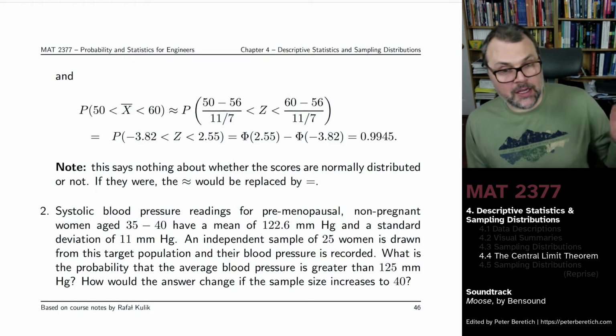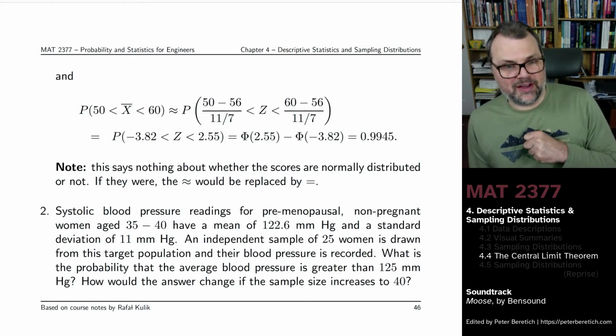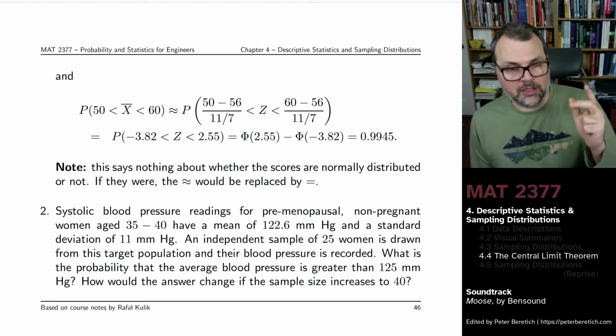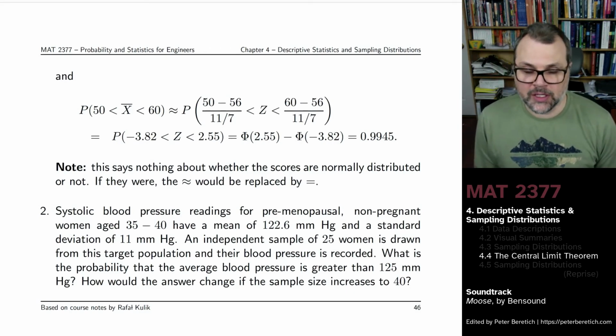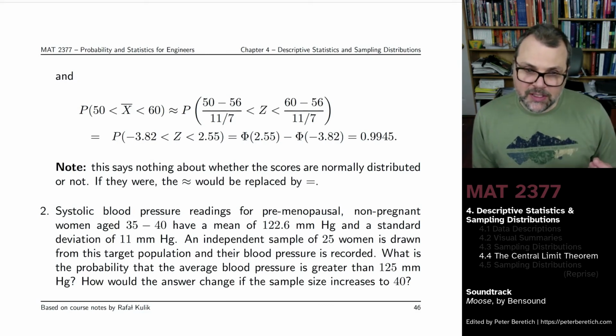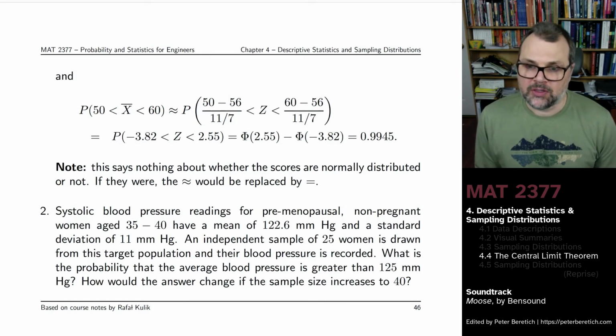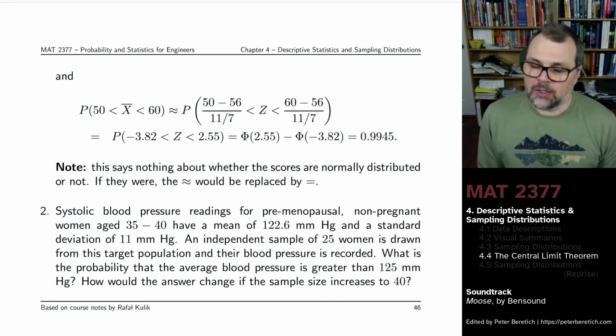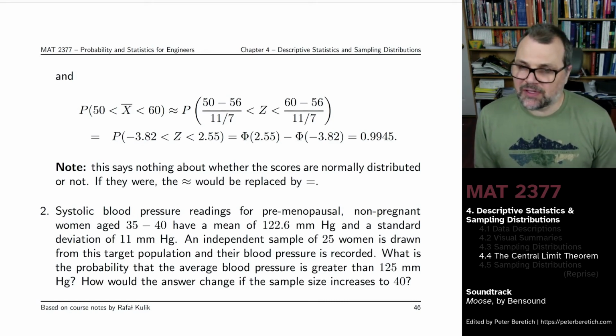Now, if you take an independent sample of 25 women from the target population, so premenopausal, not pregnant, ages 35 to 40, and you measure their blood pressure, what's the probability that the average blood pressure is going to be greater than 125? And do you think the answer would change if the sample size increased?